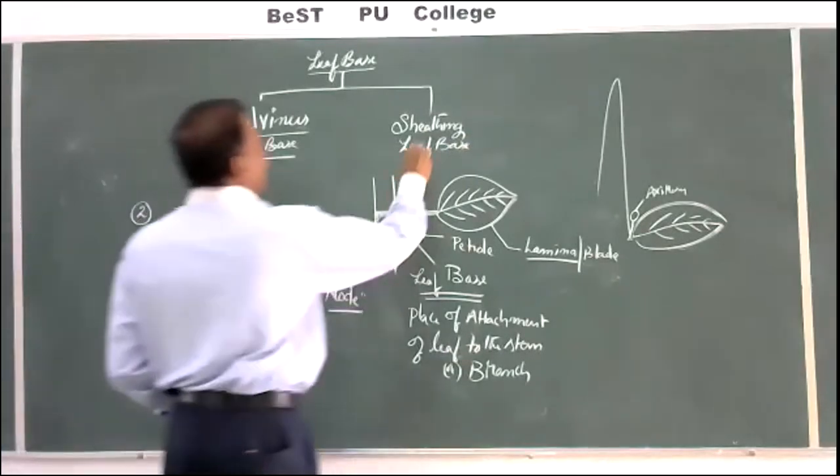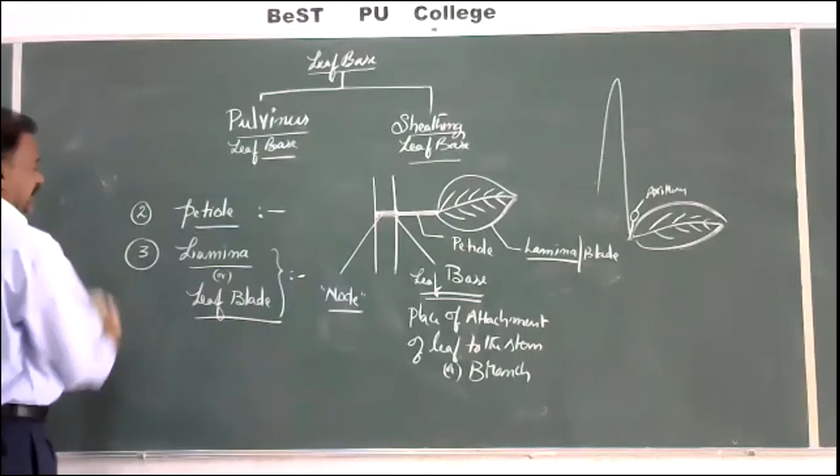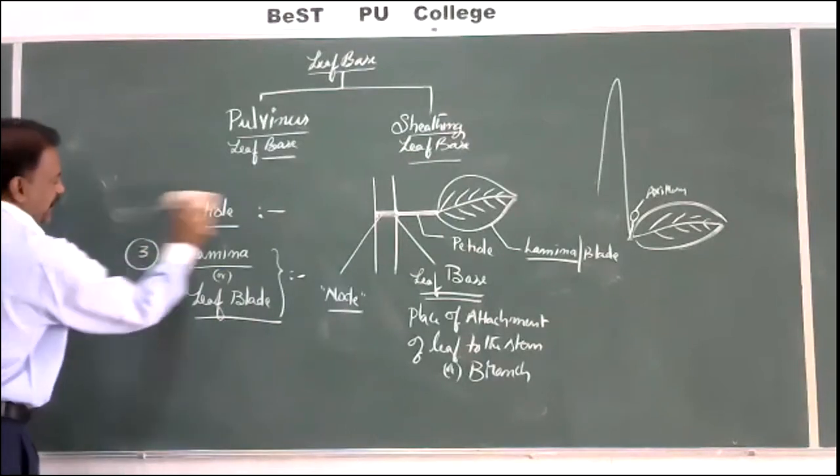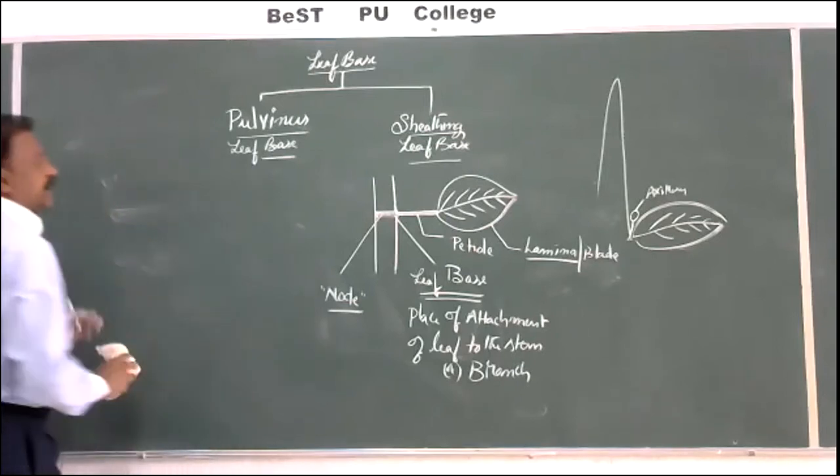What is this pulvinous leaf base and what is this sheathing leaf base? Let us see here. After completion of base, we will go to petiole and lamina.